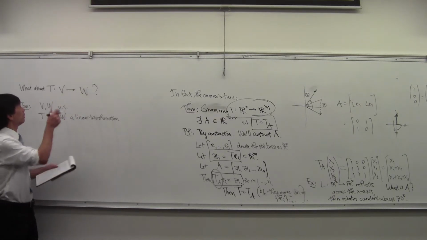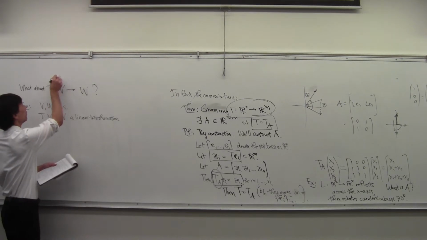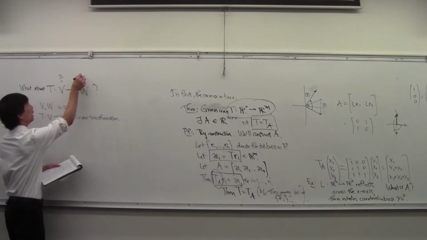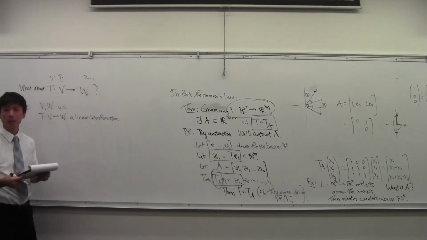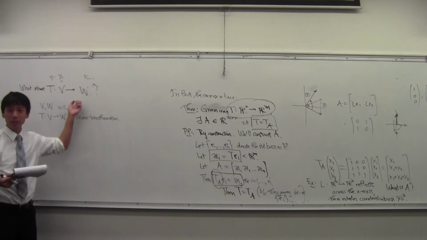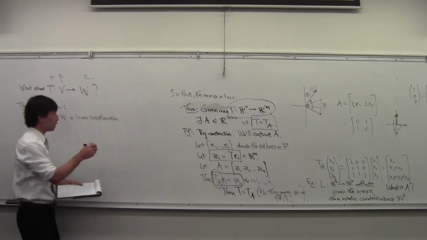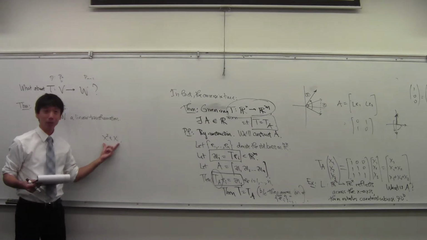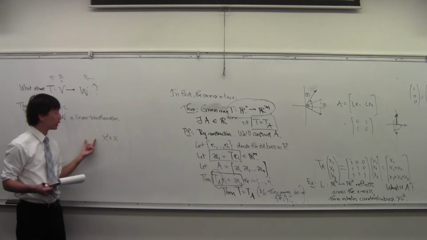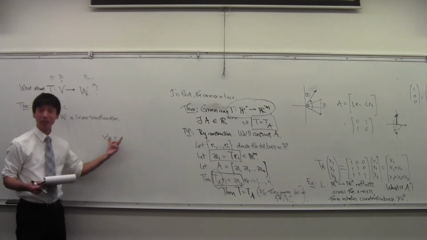Because suppose that this is, say, Pn, and this is Pn minus 1, and that T is the differentiation operator. Is there some matrix that you can use? I give you a polynomial, and I say, is there a matrix that you can multiply this by and get the derivative?